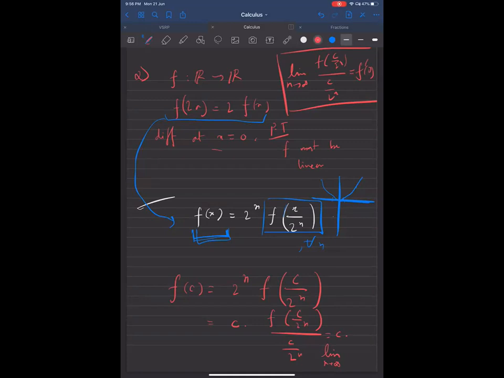We have fixed the real number c, so that is just a constant now. We are taking the limit as n tends to infinity on both sides. The left hand side is a constant. The right hand side is a constant times f of c by 2 to the power n divided by c by 2 to the power n. I don't think there is a problem here.